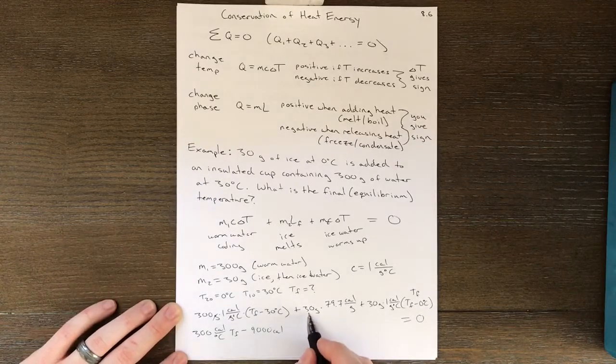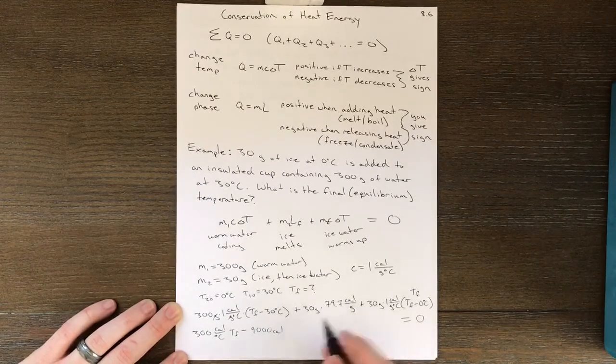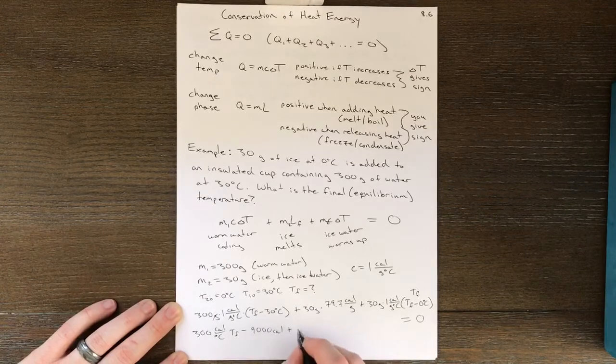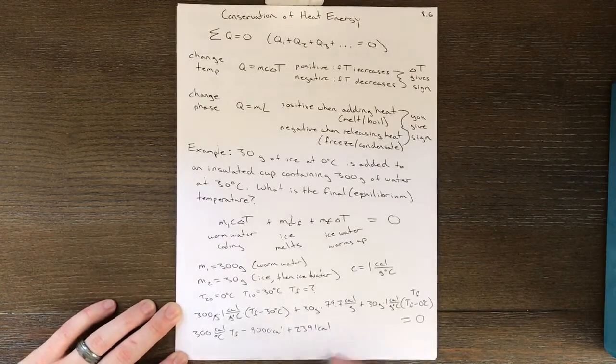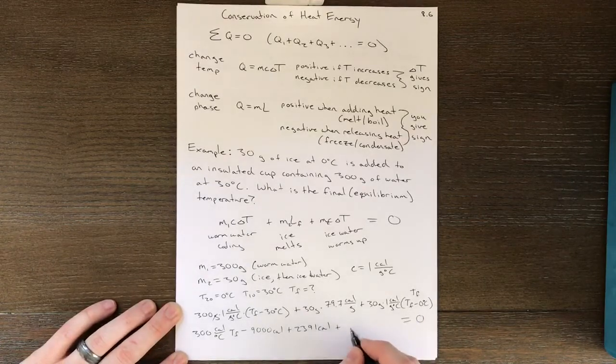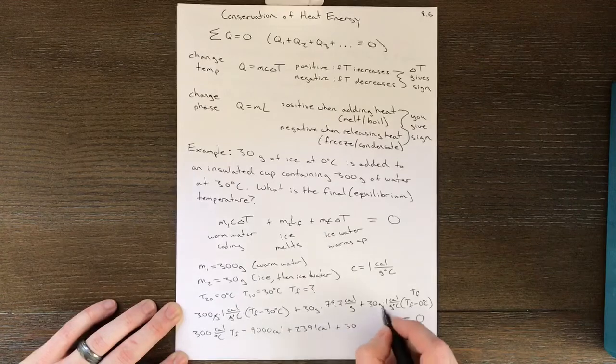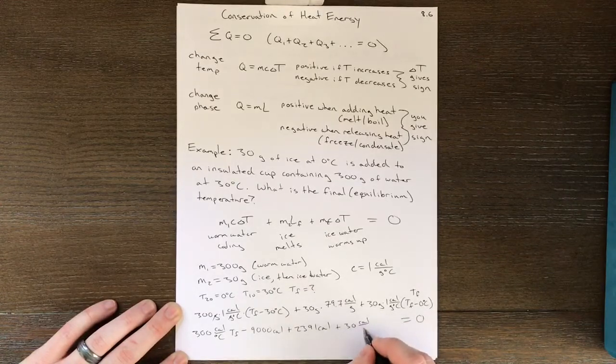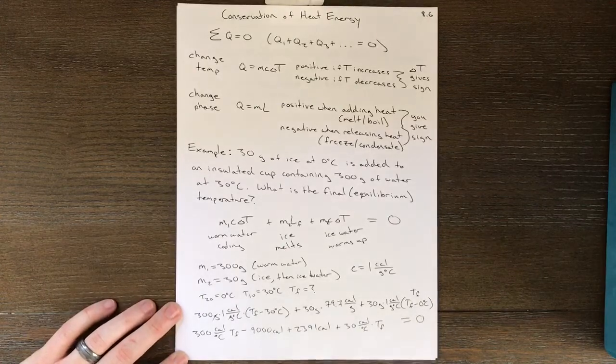I can multiply 30 grams times 79.7 calories per gram. That becomes 2,391 calories. And then what I have left over here is 30. The grams cancel. I have units of calories per degree Celsius times T final. And all of that should equal 0.